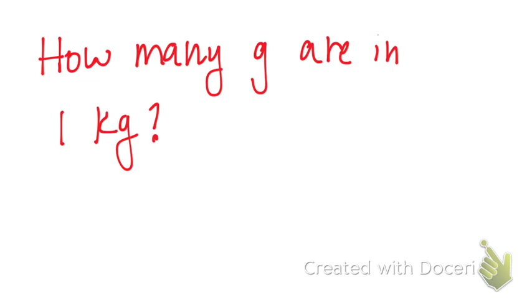What would you tell me? 1,000, right? You can look at that same chart that we just filled out and apply the same prefix principles to every type of unit. So just because the practice we did was with meters, it still applies to grams and liters and seconds and whatever else it is.